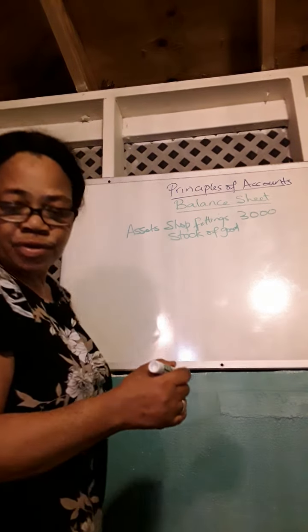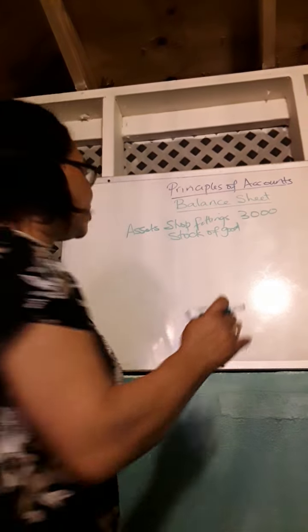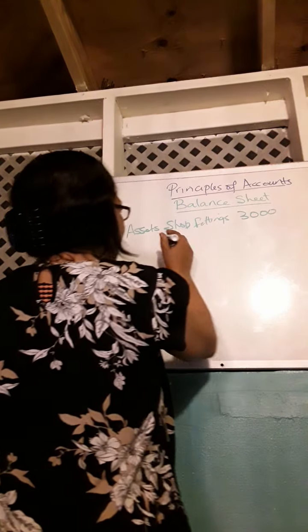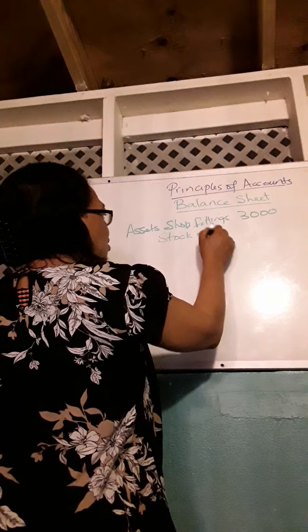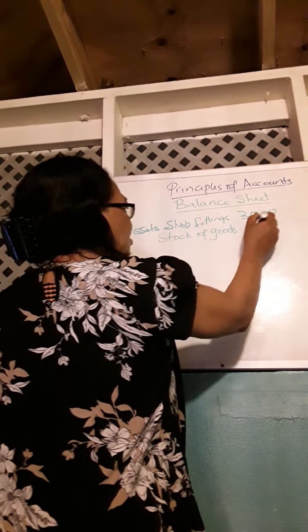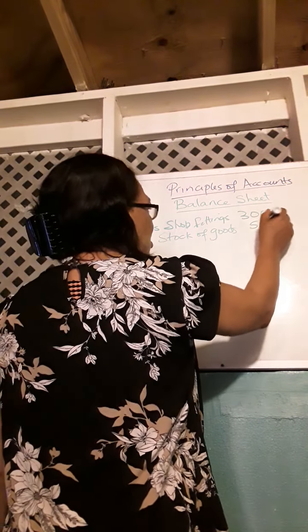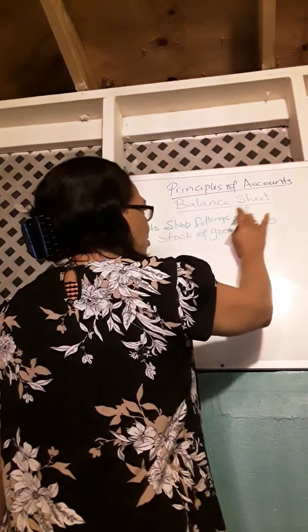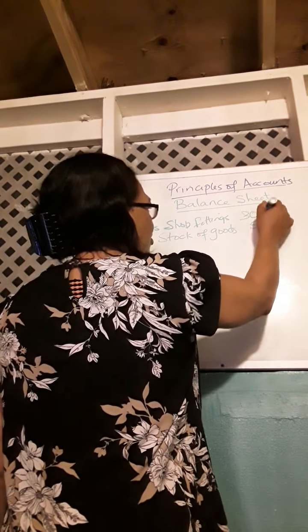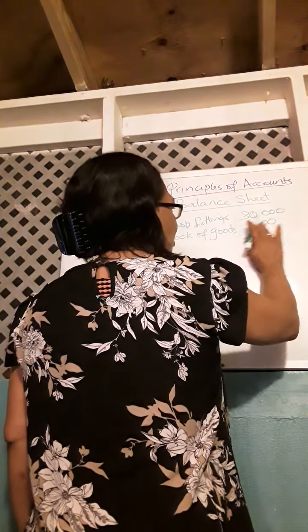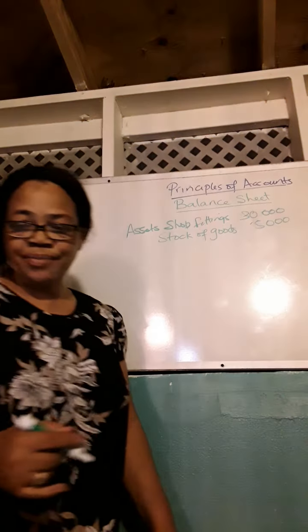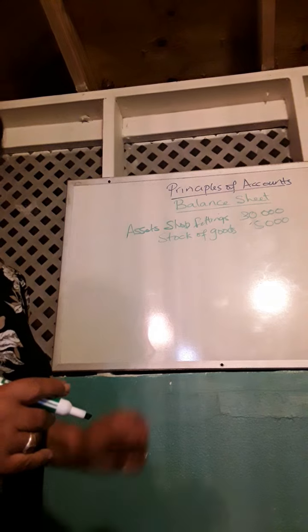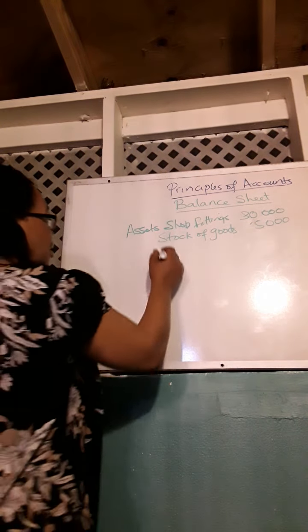My stock of goods right here is $5,000. Let's write this a little bit better. Shop fittings are $30,000, and stock of goods are $5,000.